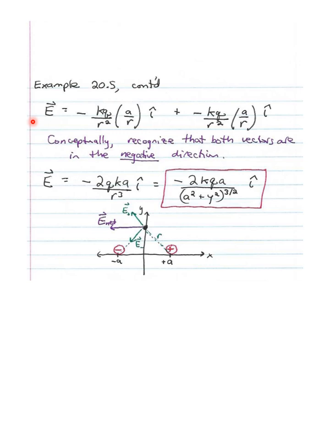The first is from the negative, the second is from the positive. Adding those together, we get that the total electric field is negative 2qka over r cubed i hat.